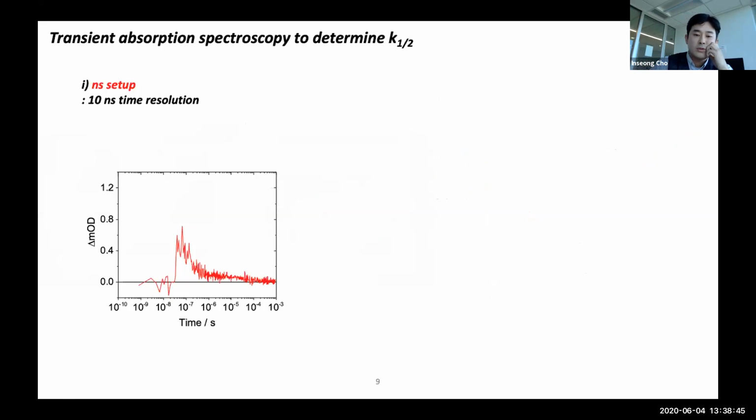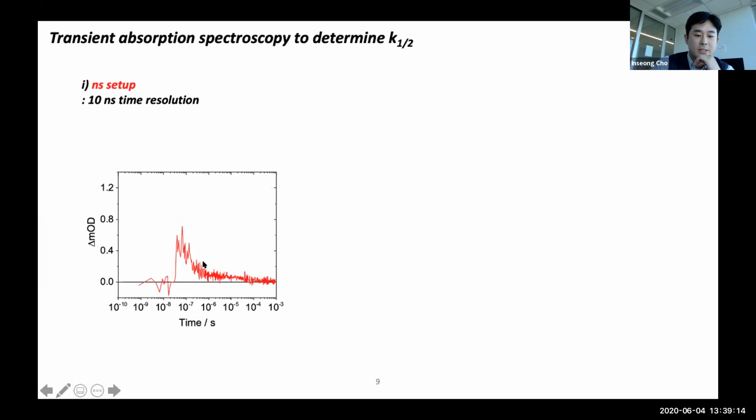So to determine the charge transfer rates, we employed transient absorption spectroscopy. For this reaction of surface bound dye molecules with the donor electrolyte species, it is normally measured using a nanosecond time resolved transient absorption setup. So we first employed a 10 nanosecond time resolved transient absorption setup to measure the electron transfer rate.